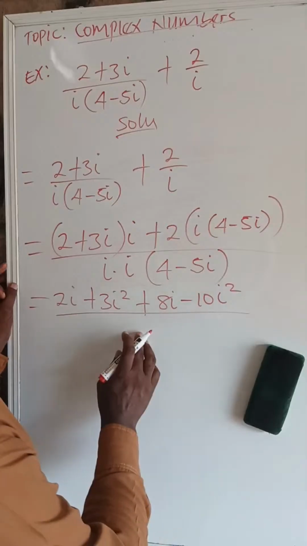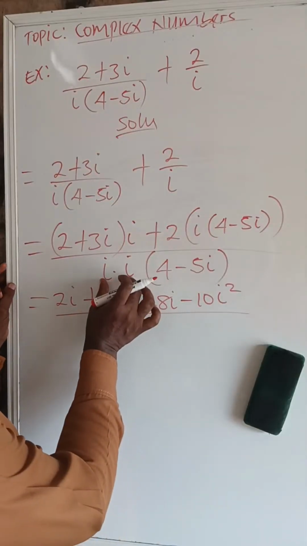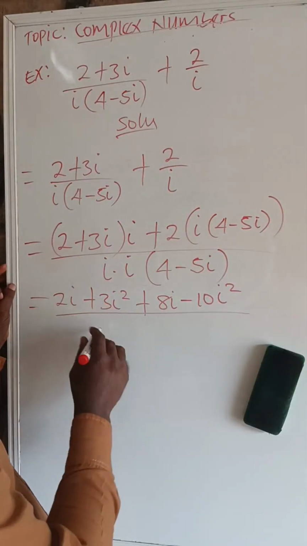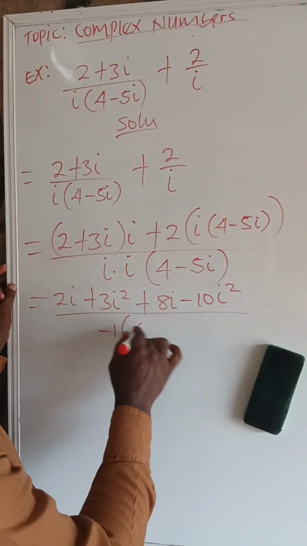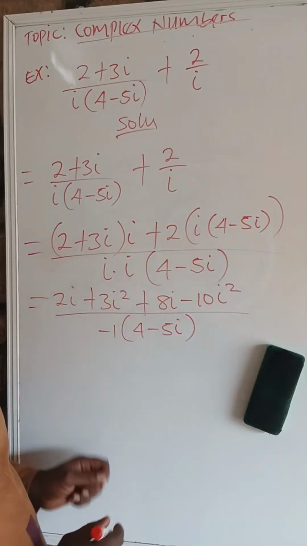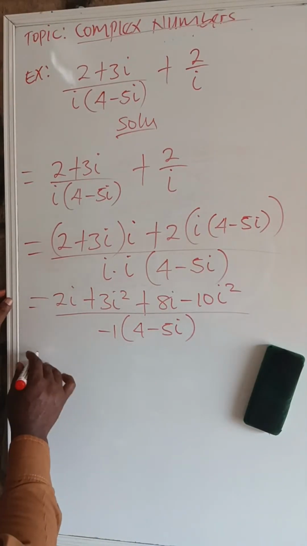Then already here we have i square is minus 1. So minus 1, open bracket, 4 minus 5i. True or false? So far so good.